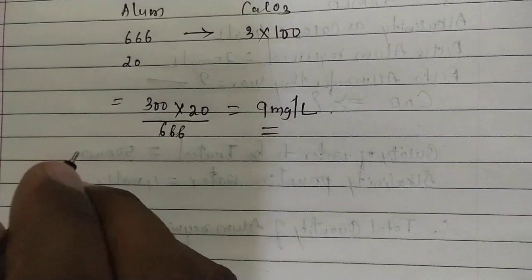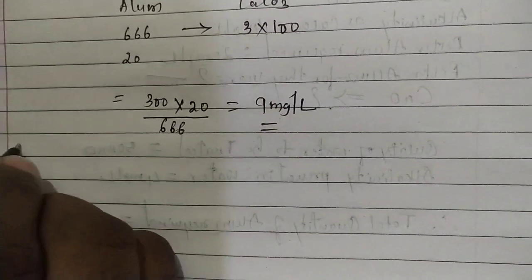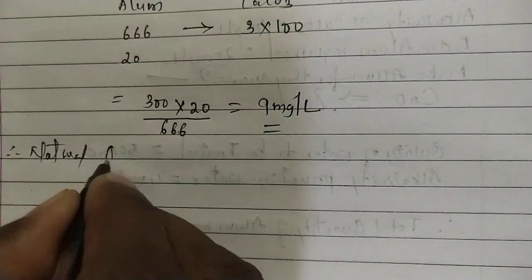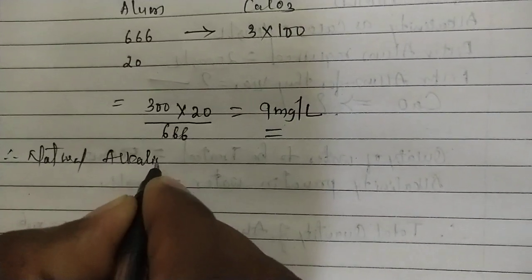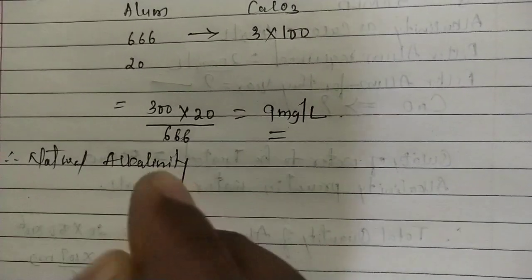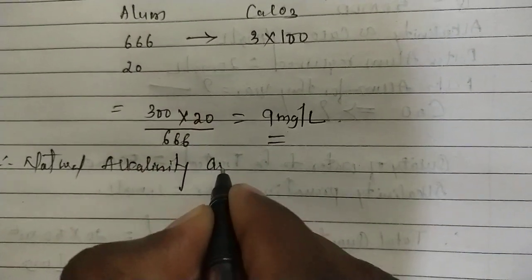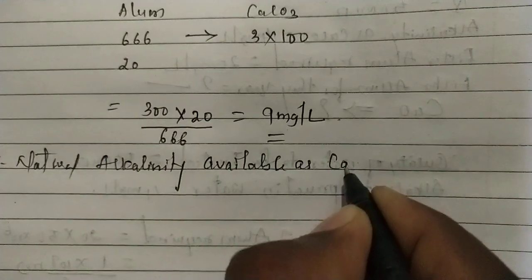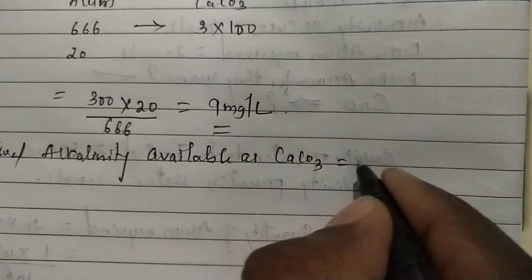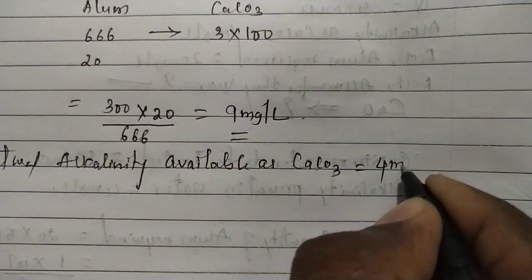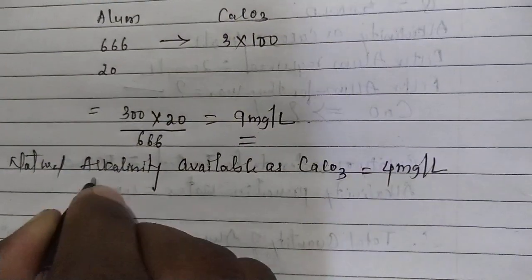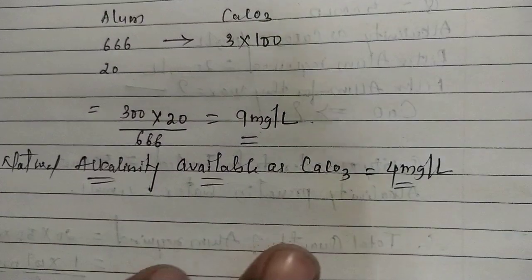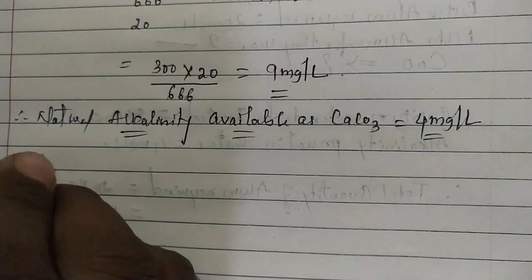So natural alkalinity available as CaCO3 equals 4 mg per liter. This is already given in the question, that 4 mg per liter is available in the water sample.